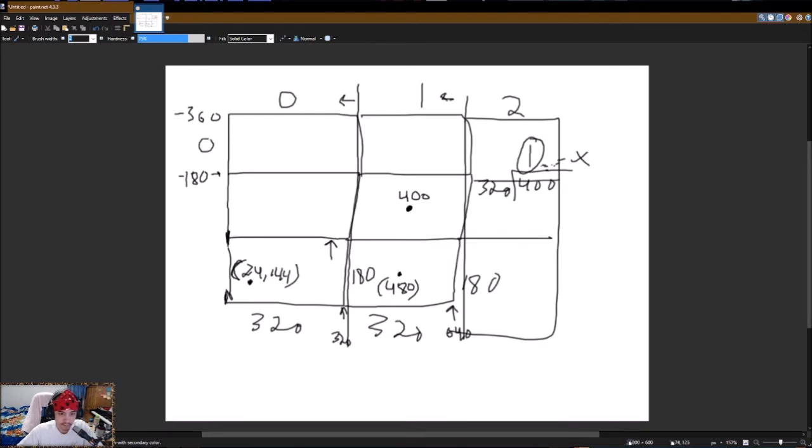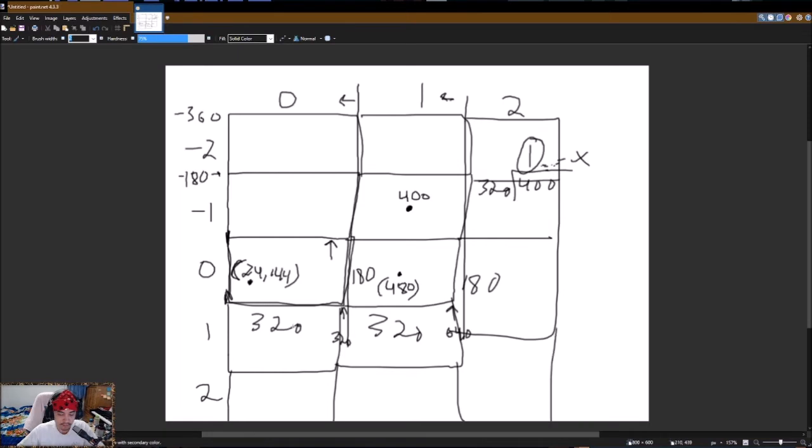And I did the same for the y-axis. Since I started on this screen, this is 0, and this is -1, -2. This is 1, this would be 2, and so on.